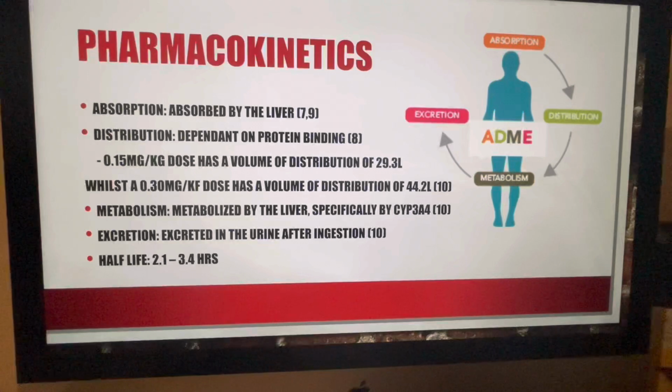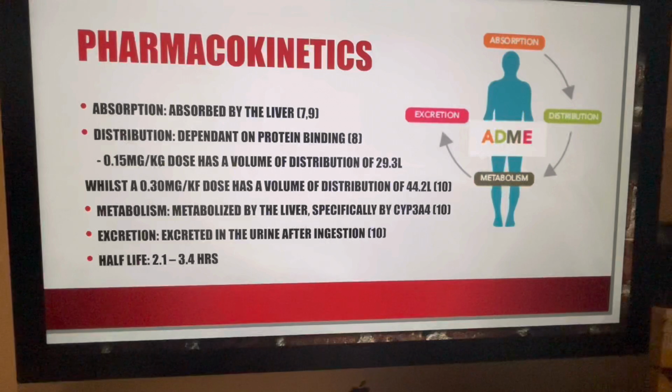This is why it binds to transcortin instead. It has a high affinity and a low capacity, therefore reaching the maximum point of concentration. At a 0.15 milligrams per kilogram dose, prednisolone has a volume of distribution of 29.3 liters, whilst a 0.3 milligram per kilogram dose has a volume of distribution of 44.2 liters. Therefore, it is highly variable.